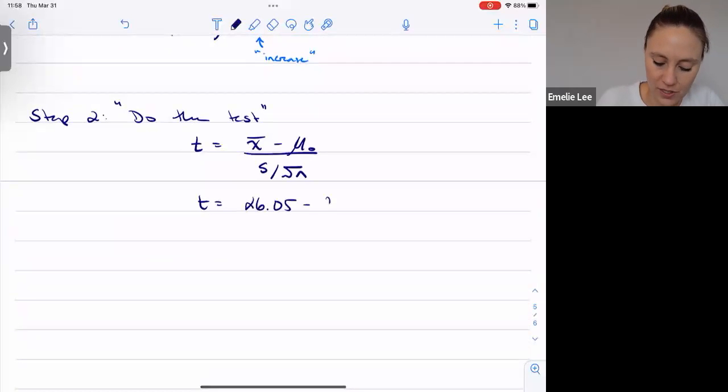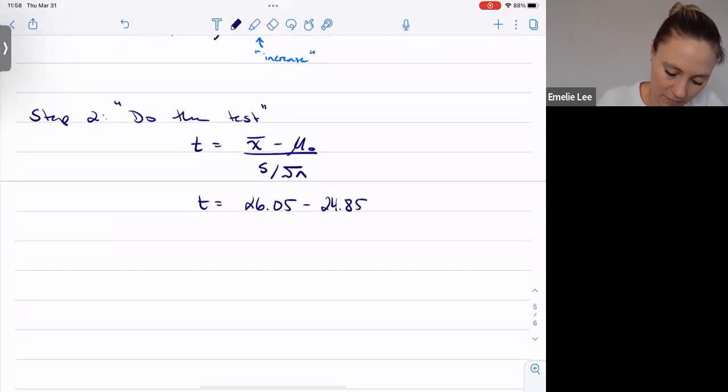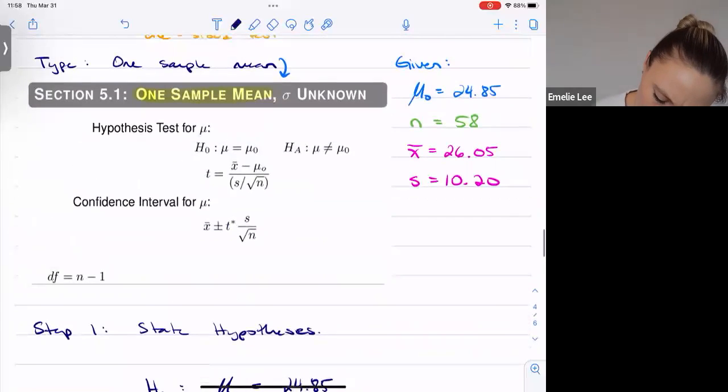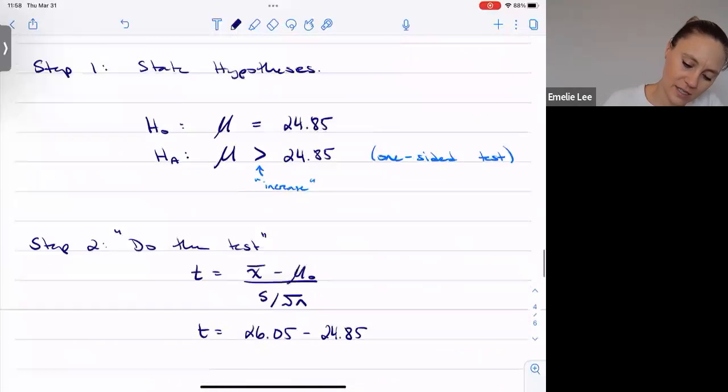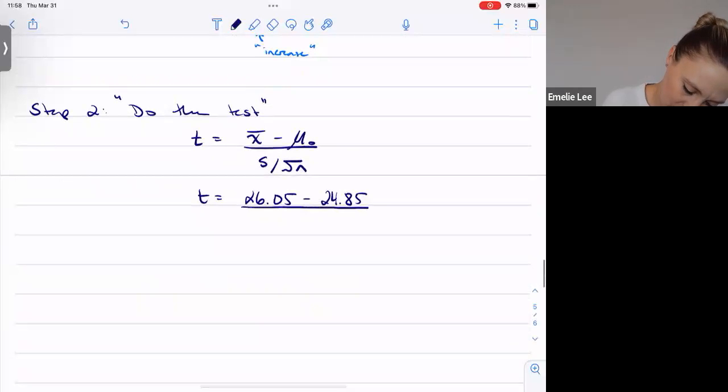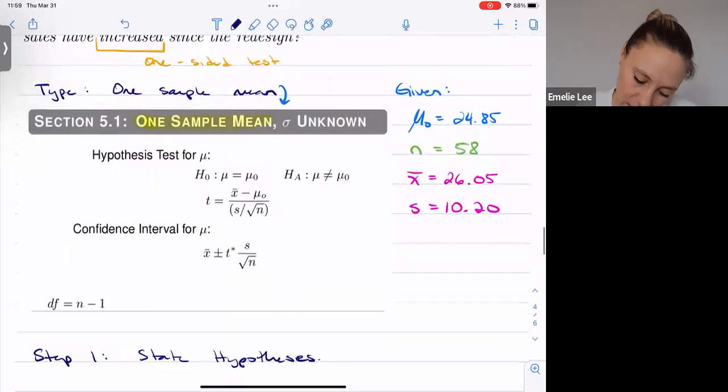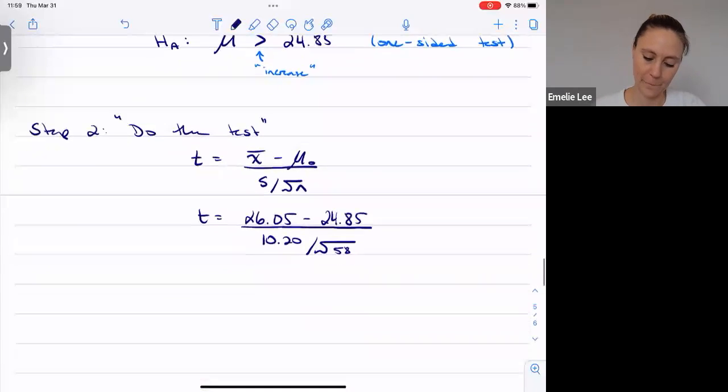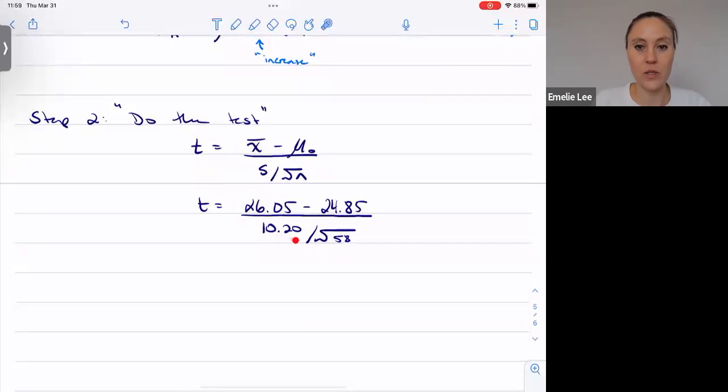2605, how far is it from 2485? And my standard deviation was 10.2 divided by the square root of 58. Yeah. So it's really important that you do the denominator first, right? 10.2 divided by the square root of 50.